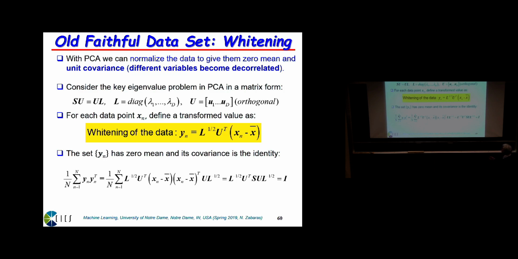One of the things I wanted to remind you is that as part of PCA, something you should always do is what is called whitening of the data, which effectively means transforming the data to an uncorrelated form, because we saw that the covariance is equal to I. I am going to need to make a point on this later, when we discuss independent component analysis, where I'm going to remind you that uncorrelated doesn't mean independent.